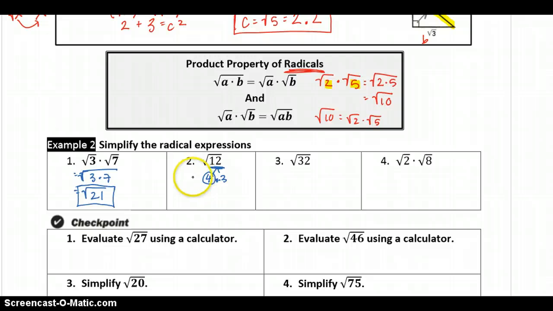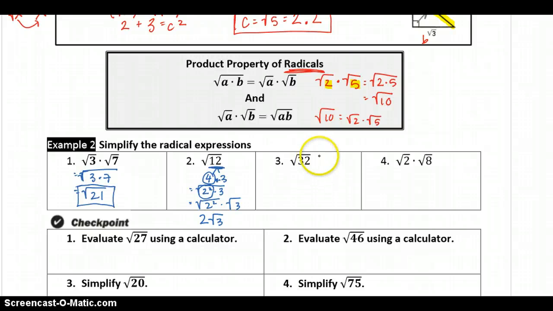So we can rewrite this as the square root of 2 squared times 3. And since we have a 2 squared inside the square root, we can rewrite this as the square root of 2 squared times the square root of 3. The square root of 2 squared is just 2. So our final answer when we simplify would be 2 square root of 3. We have to pull that square out.